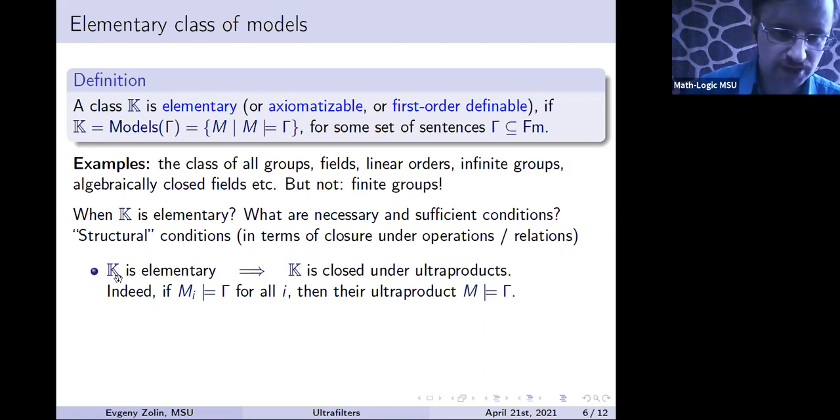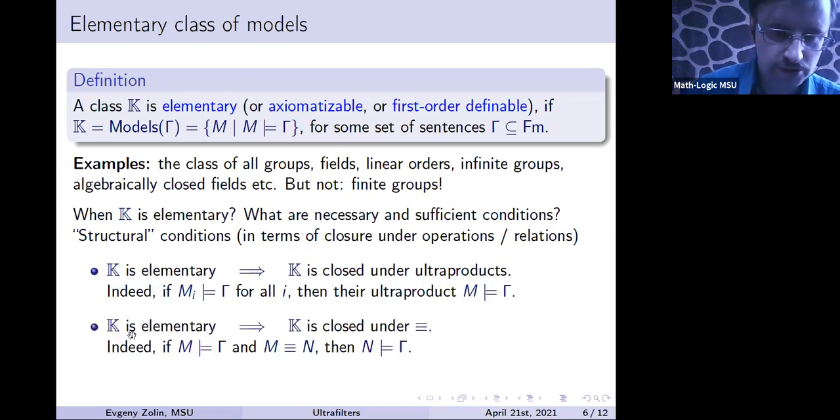What else do we know about elementary classes? We also know, and this is an easy exercise, that it is closed under elementary equivalence. Two models are elementarily equivalent if they satisfy the same closed formulas.